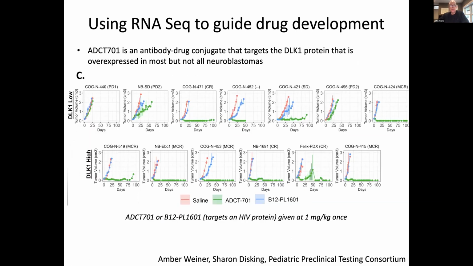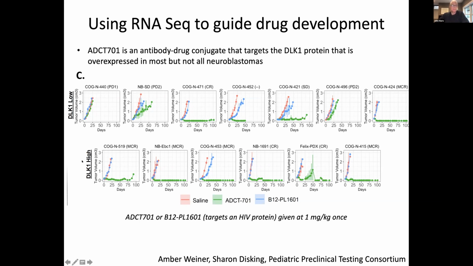And then on the RNA side of things, there's a lot of interest in childhood cancer in developing new immunotherapies. Having an army of these patient-derived xenografts allows us to test hypotheses, such as this drug, an antibody with a toxin attached to it, against a protein that we know is differentially expressed in neuroblastomas.